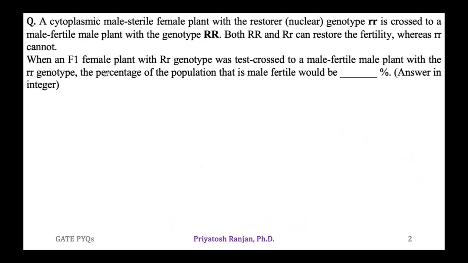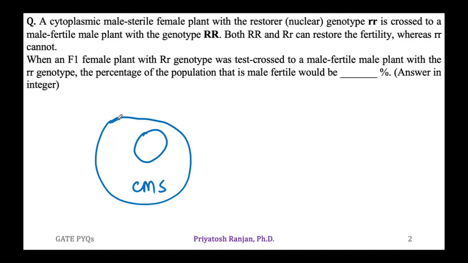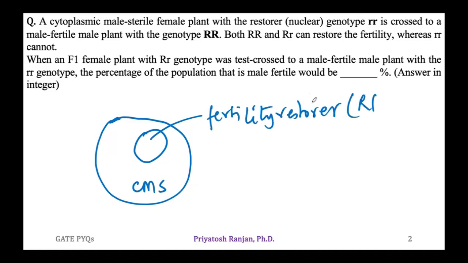Also, there is certain information which we need to understand. If a plant is carrying a dysfunctional mitochondrial genome, that will result in cytoplasmic male sterility, but there is another gene which comes from the nucleus, which can restore the fertility, and this is called the fertility restorer gene, RFG.